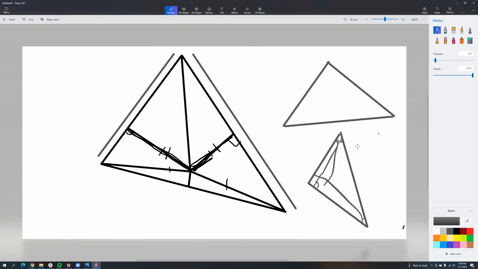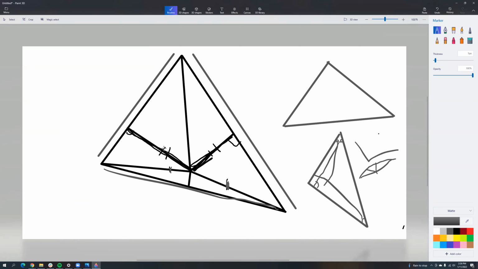So what's the SparkNotes again? How did we get here? Why do the two hashes exist? How are those two congruent? Okay, so these two are the same because this is the perpendicular bisector of this segment. That's the property.